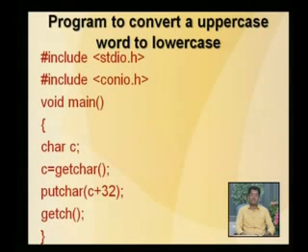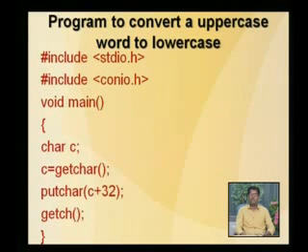Then the next function is putchar to display the answer on your screen, that is putchar(c + 32), then end of statement, getch() and end of bracket. Now putchar takes the value c + 32. If I enter c equals A, then c will be 65 plus 32, so that will be 97, and putchar will print the character for the ASCII value 97.